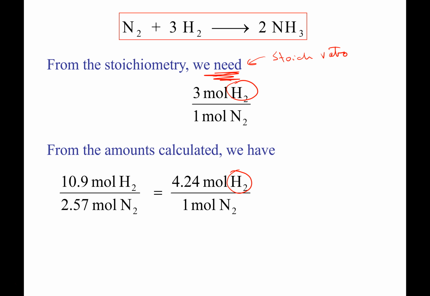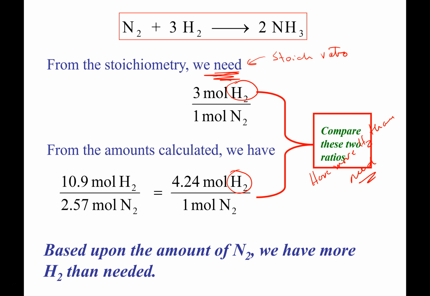So can you see where I must have more H2 than I need? Based upon the amount of N2, we have more H2 than we need. Oh, H2 must be in excess.